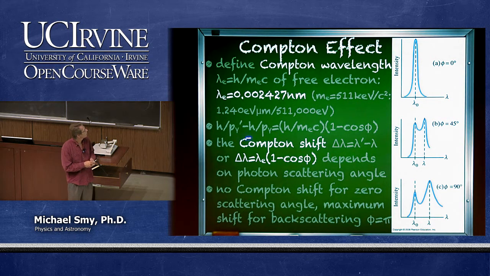And therefore, since we have this expression, we have a Compton shift, or a wavelength shift in lambda. That is the Compton wavelength of the electron times 1 minus cosine phi.